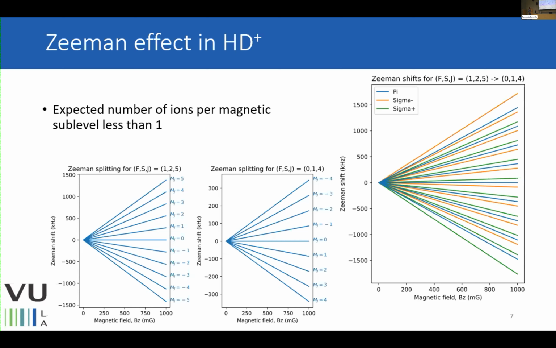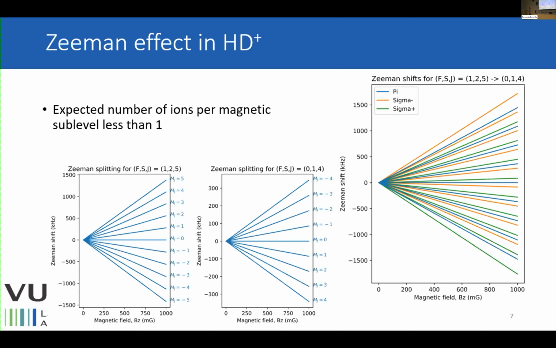So what we want to do to increase the signal is to scan simultaneously over multiple magnetic sublevels belonging to the same polarization of our RF source. So taking into account these transitions with their transition probabilities and assuming some line width, the spectrum could look something like this.